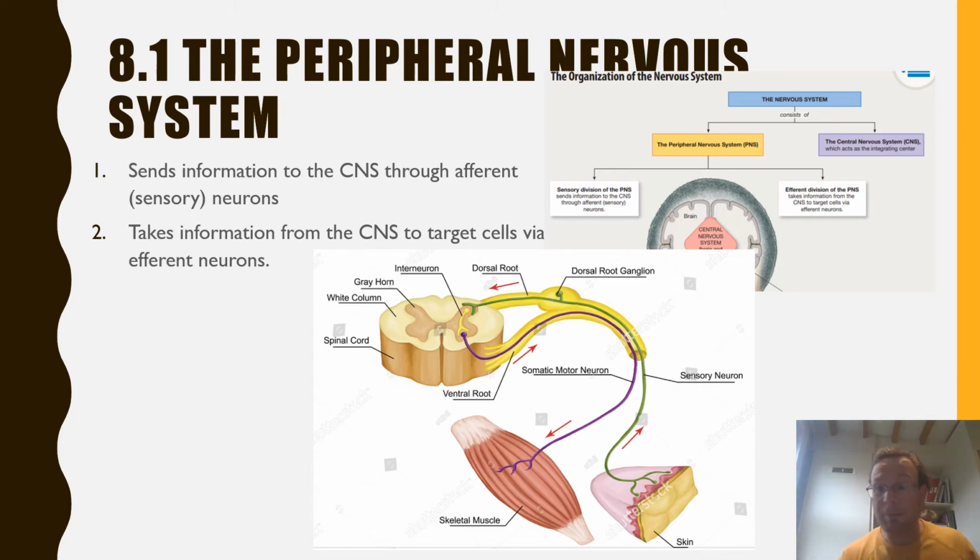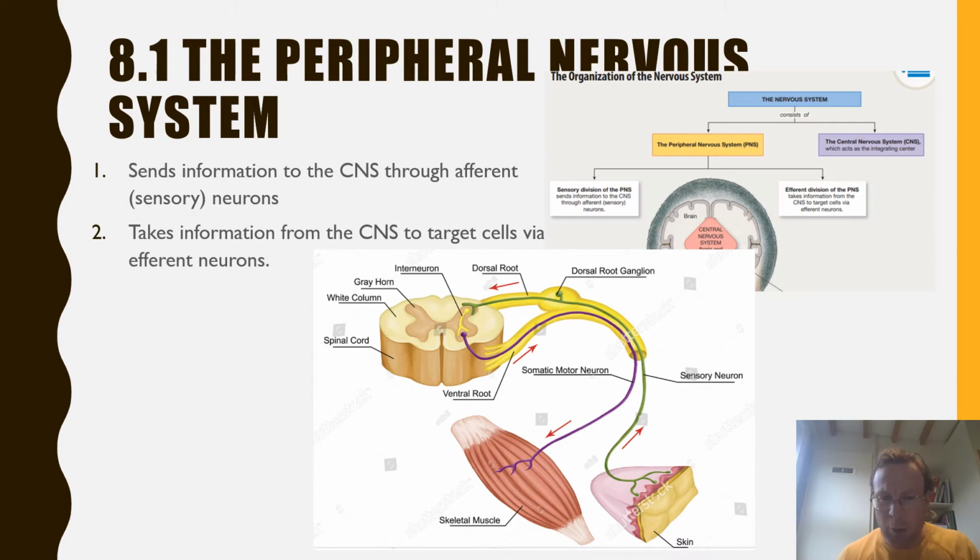Again, if you can imagine, I'm just poking my finger with my toothpick thing that's being sensed. That mechanical input causes nerves to fire. And you can see that sensory neuron delivers that impulse all the way into that spinal cord.